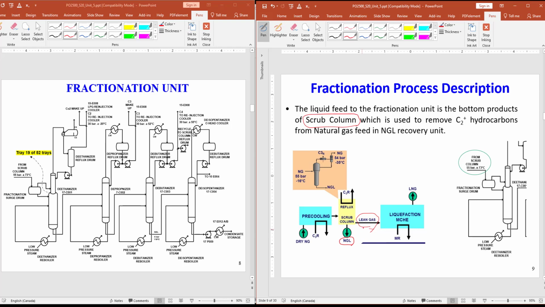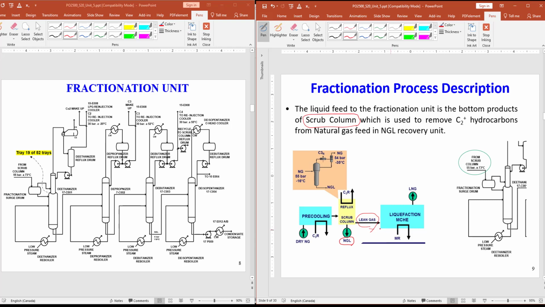The reason is that if we send heavier products, since we have a very low temperature in the liquefaction unit, the main cryogenic heat exchanger, those heavy molecules can be frozen, and they can create some operational issues for us.